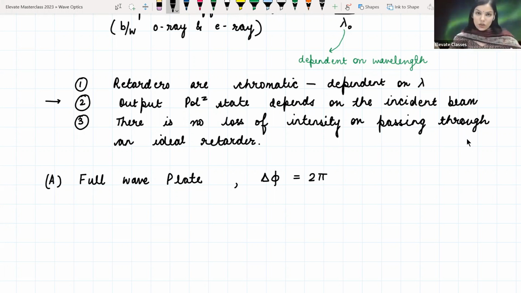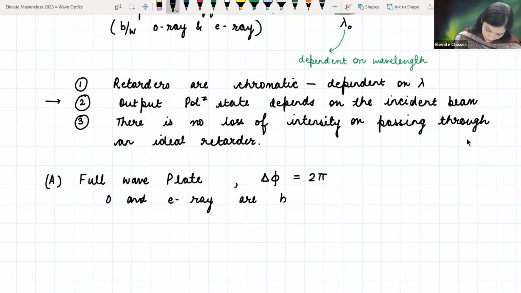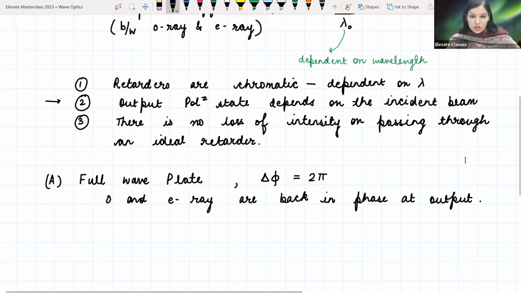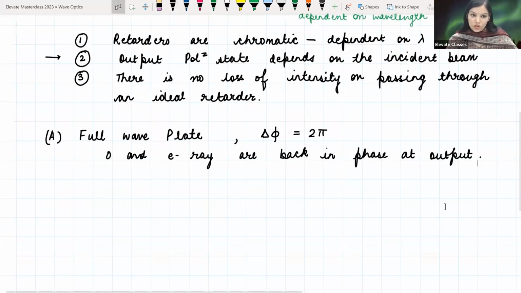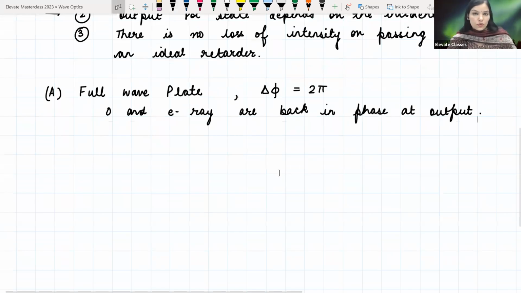On the output end of the retarder, I get back the same polarization. So here the O and E rays are back in phase at output. There is no change in the polarization state, and therefore this kind of wave plate is not useful to us at all.